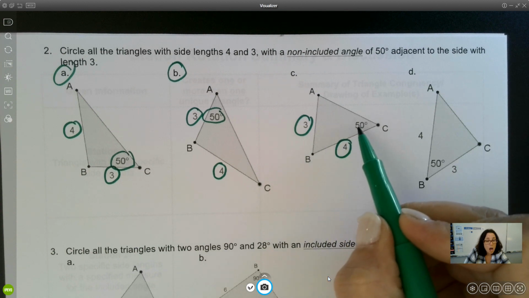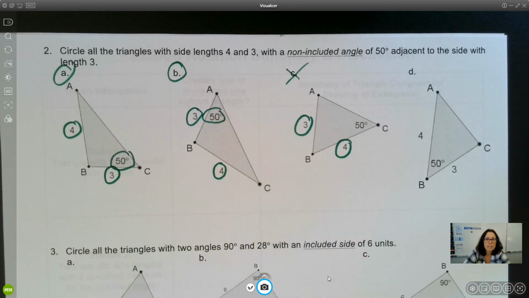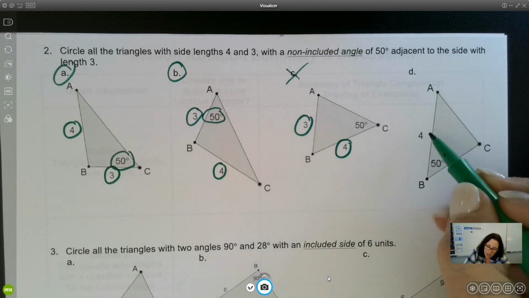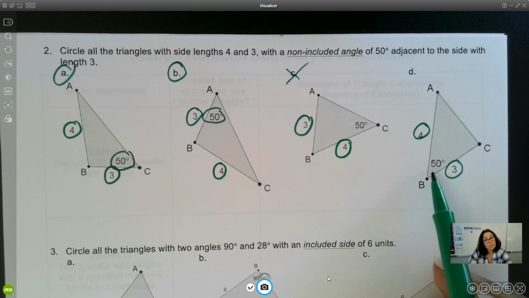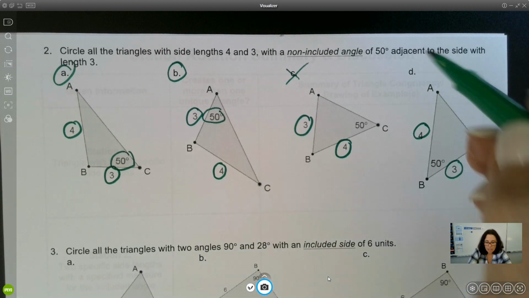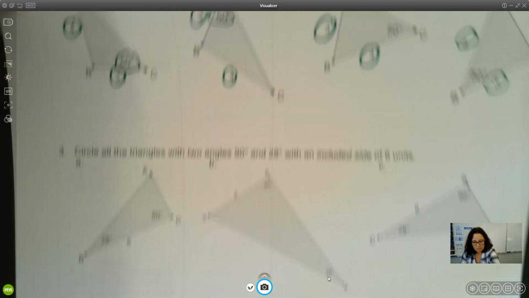So this is non-included, but is it next to the 3? No, it's next to the 4. We are not circling that one. This guy, we've got our side lengths 3 and 4. Ooh, 50's included. That automatically makes it not work.